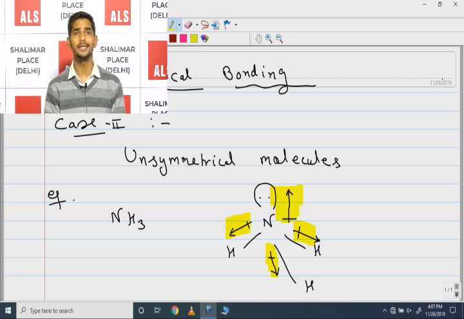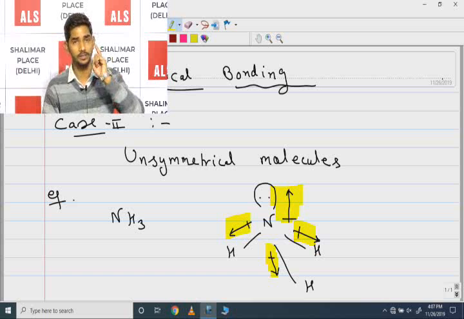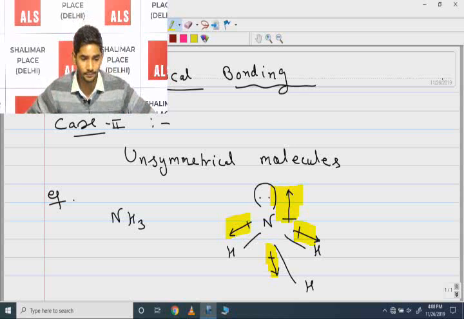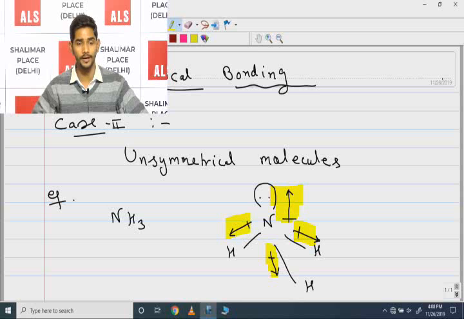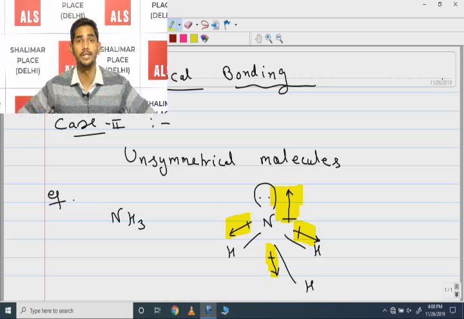So guys, the point is the magnitude of the different dipole, the one pointing in the upward direction, and the rest of the dipoles which are moving in the downward direction, as we can see in the molecule. They do not all have equal dipole moment. That's why here the net dipole moment is not 0.